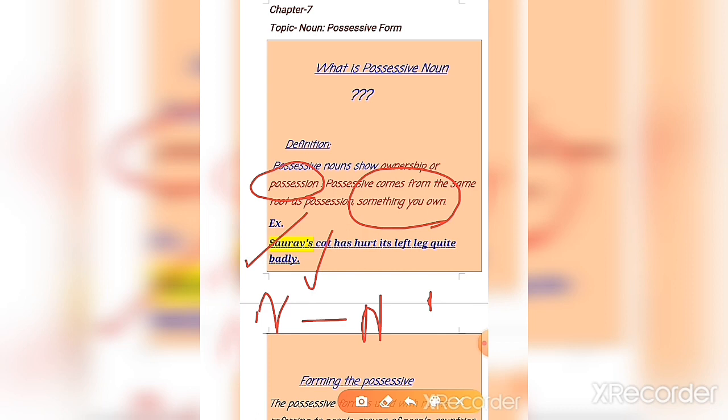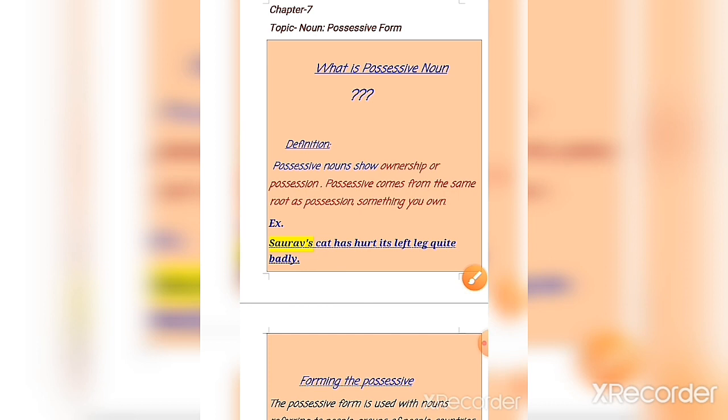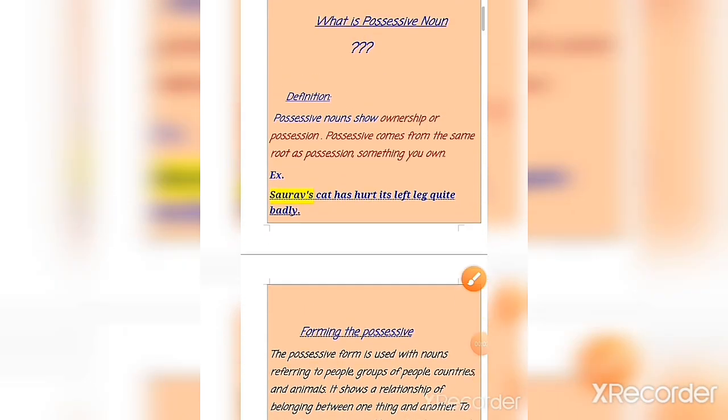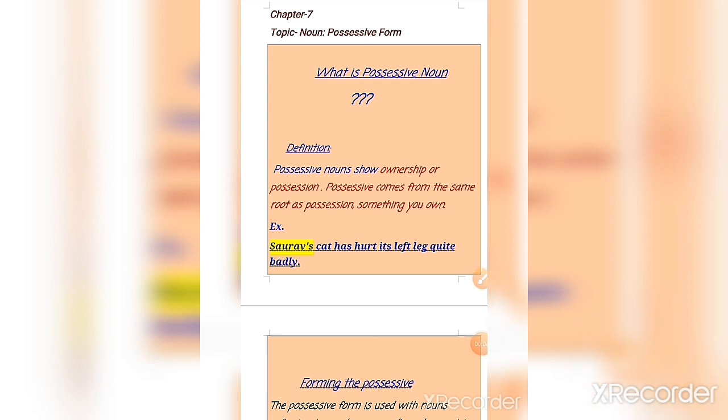When we want to show the possession of one noun over another, then we need the format of a possessive noun. We will later discuss how to form a possessive form. First, I hope that the possessive noun is clear to you. A possessive noun is a noun that shows possession and talks about another noun given in the sentence.